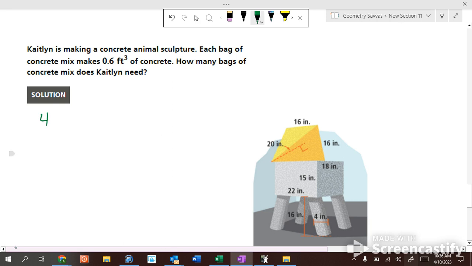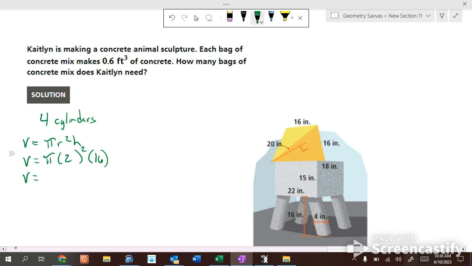All right, there are 4 cylinders. The volume of a cylinder is pi r squared h. So you take pi times, what's the radius of my cylinders for the legs? 2 squared times the height is 16.